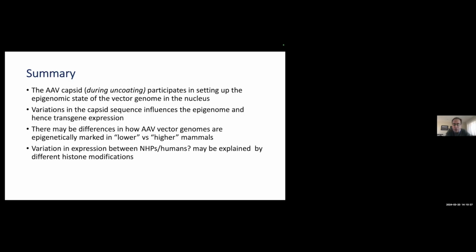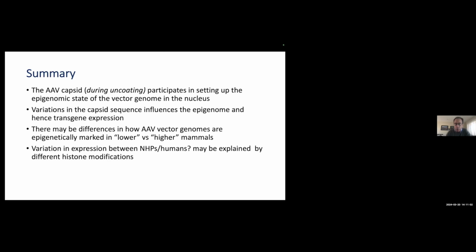And the variation in expression between non-human primates and humans may be explained by different histone modifications based on polymorphic variants, let's say, in other genes that may affect chromatin modification. Besides our own non-human primate data, there's also some human data that may suggest this as well.